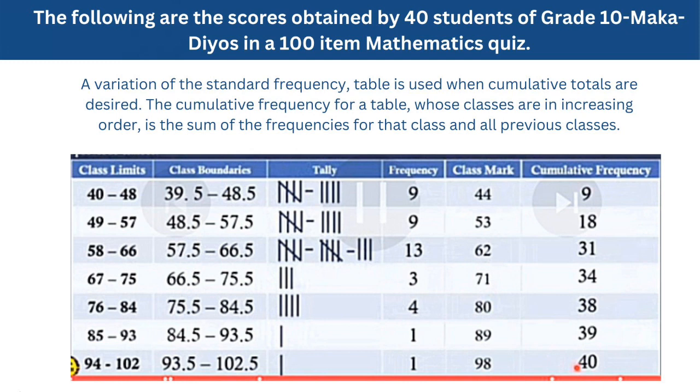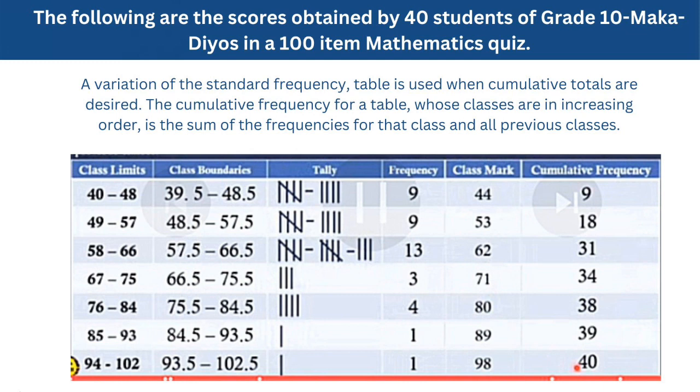To get the cumulative frequency, just add the first frequency, which is 9, to the second, and so on. So 9 plus 9 is 18. 18 plus 13 is 31. 31 plus 3 is 34. 34 plus 4 is 38. 38 plus 1 is 39, and the last one is 39 plus 1 is 40.